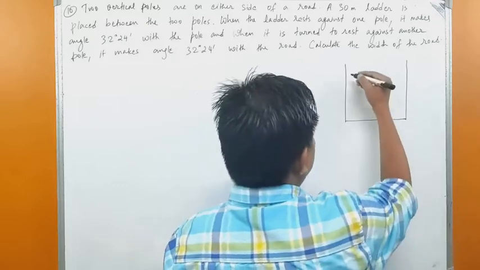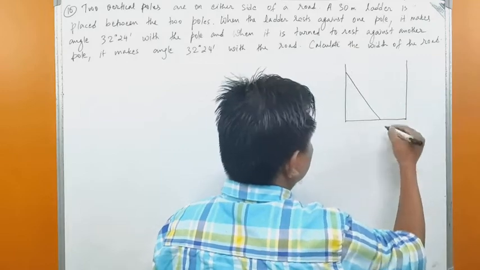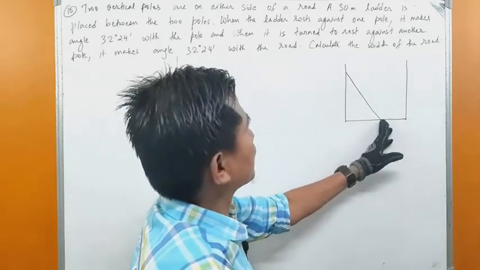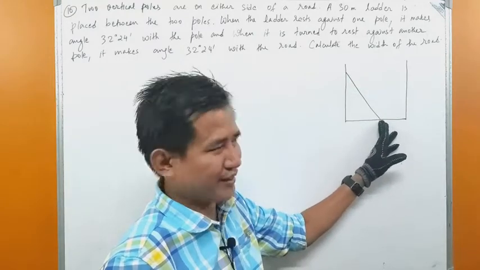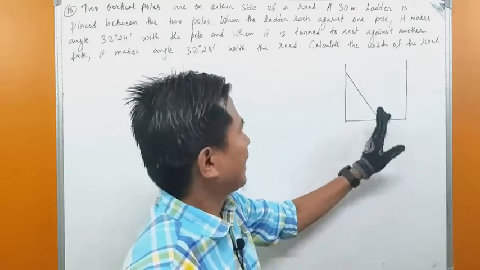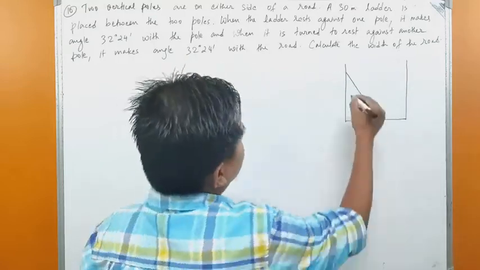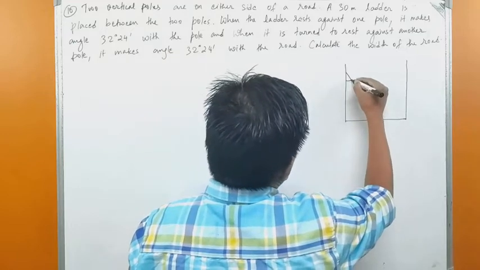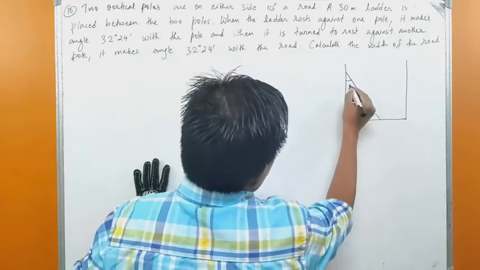A ladder is placed from the middle of the road, not exactly the middle, we don't know where the ladder is, but somewhere in between the two poles. When the ladder rests on the first pole, the angle the ladder makes with the pole is 32 degree 24 minute.